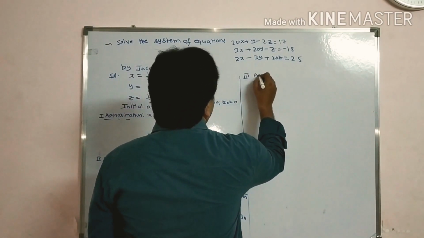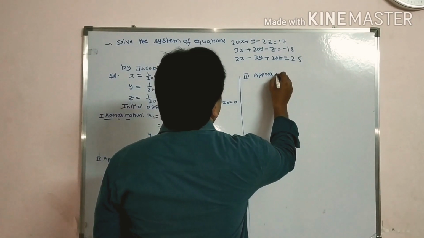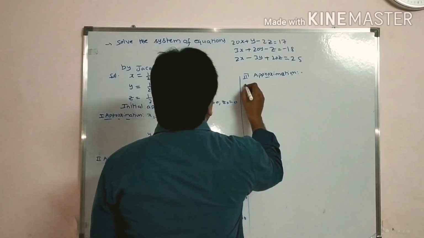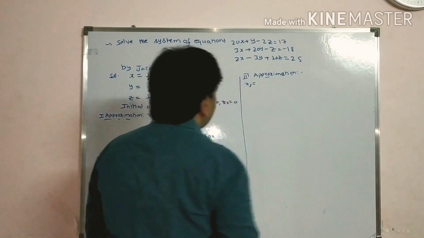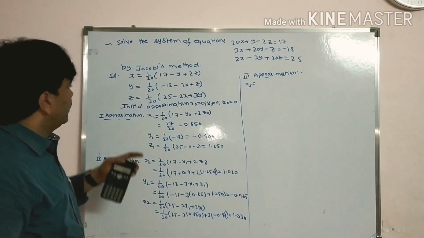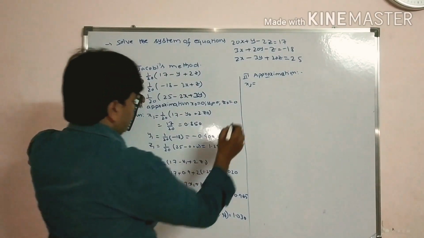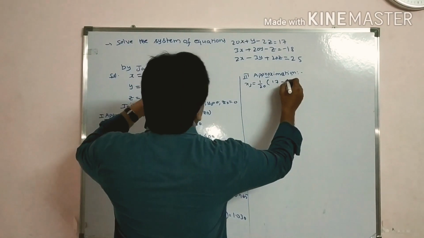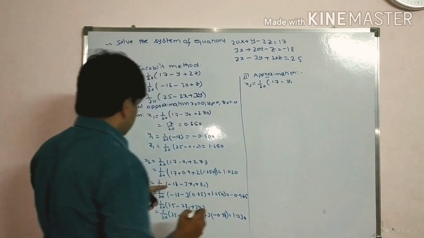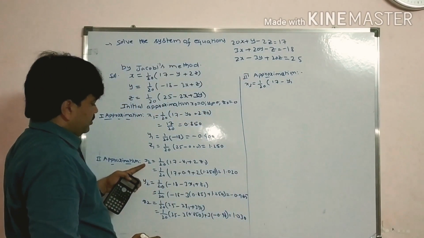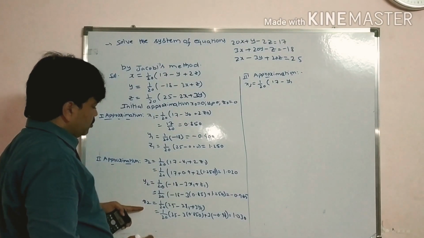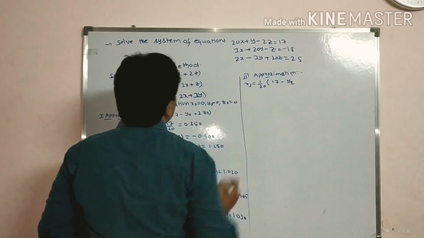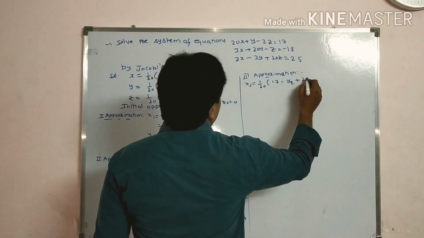Go to the third approximation, students. x3 is equal to 1 by 20 into 17 minus y2 plus 2 z2, writing x2, y2, z2 in place of x, y, z.